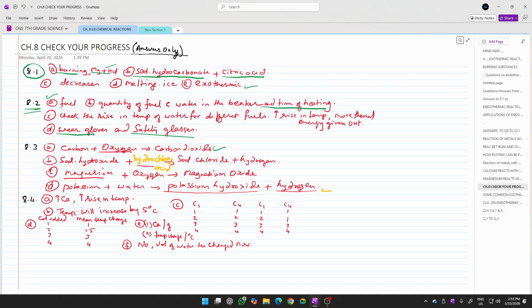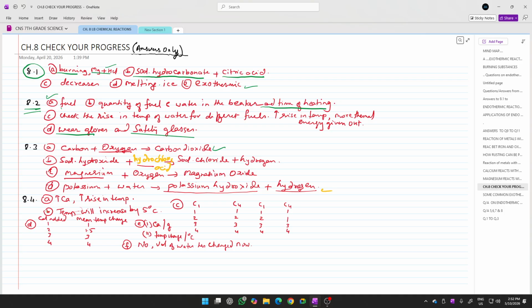8.4. The question is, okay, here again you will have to refer to your textbook for this. A huge chart is given to you, and it mentions in this 8.4 that there are two people, Zara and Arun. They are carrying out an investigation into the heat given off when they add pieces of calcium to water.